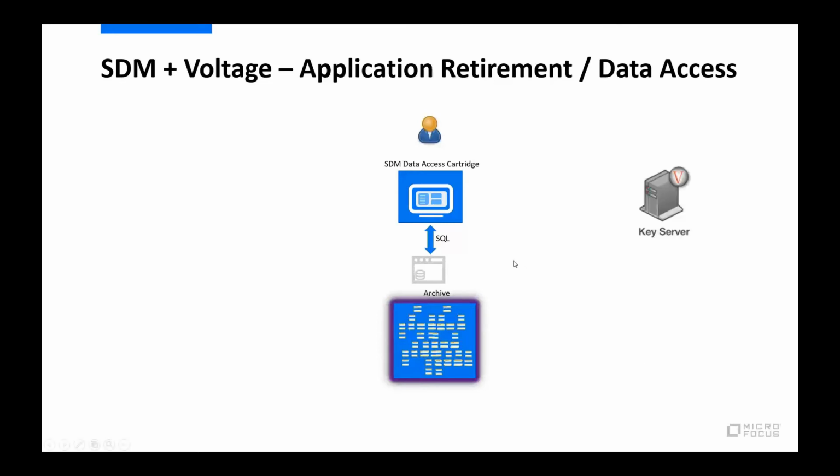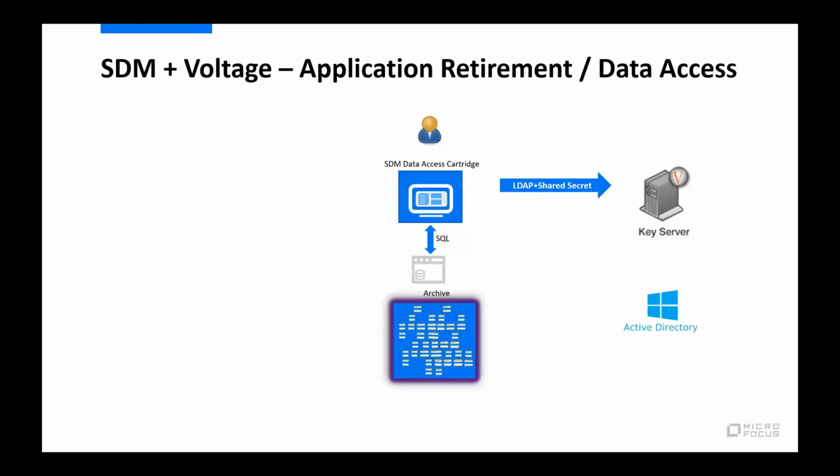What we can do, though, is introduce our further integration between SDM and Voltage by integrating the data access call with the Voltage server combined with Active Directory. So a user coming through our data access cartridge is going to issue a SQL command to view data from a table, from an encrypted table.